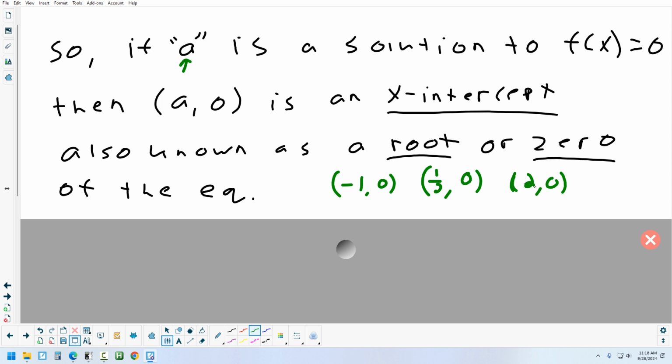If you just write down the three numbers that I circled, not as coordinates, but just write the three numbers, those numbers are called the roots. So writing roots and writing x-intercepts is very similar.